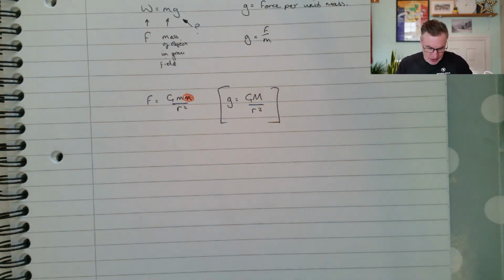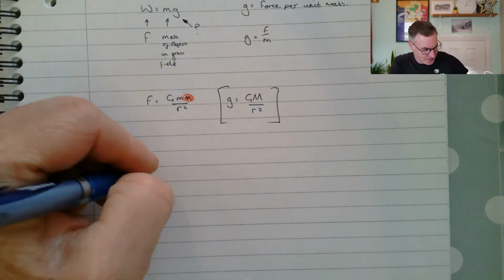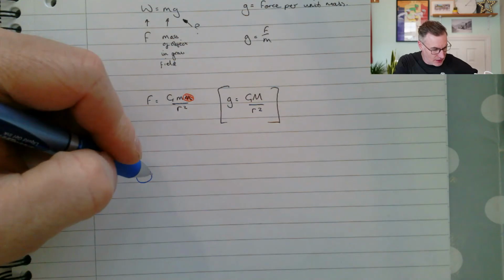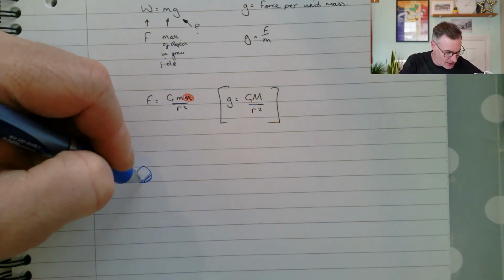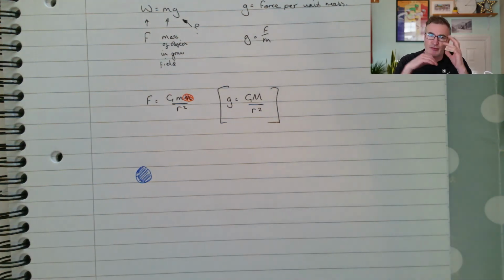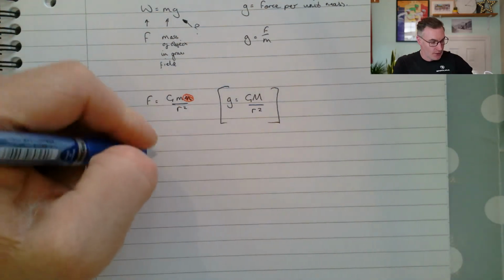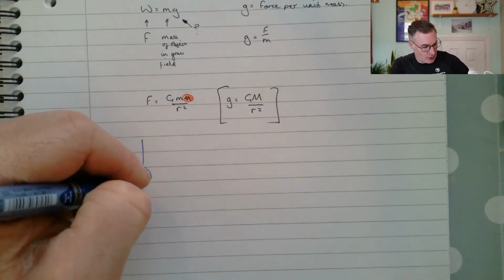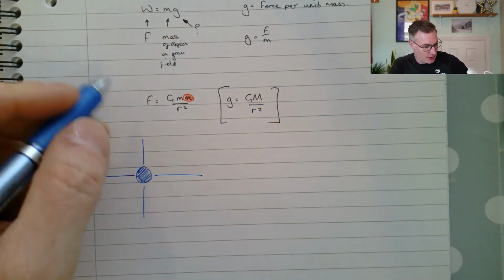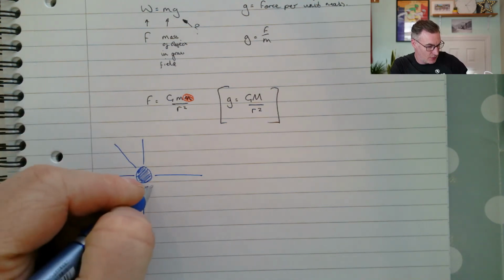And if we were to draw a diagram of this, this is exactly the same as electric field strength, and how electric field strength would compare to Coulomb's law. With Coulomb's law, we're looking at two charged objects. With Newton's inverse square law of gravitation, we're looking at, again, two massive objects.